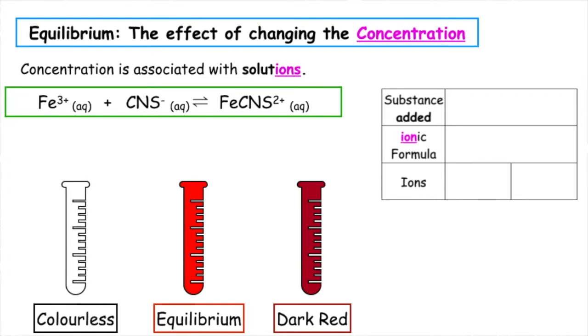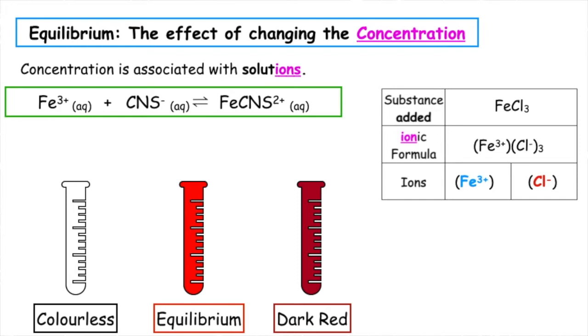So to change the position of equilibrium, we have to add or remove a particular substance. In this example, I'm going to add iron chloride, and we have to now change that into the ionic formula and identify the potential ions which could make a difference to the position of this equilibrium. So the two ions that we have from the ionic formula are the Fe3+ and the Cl-.